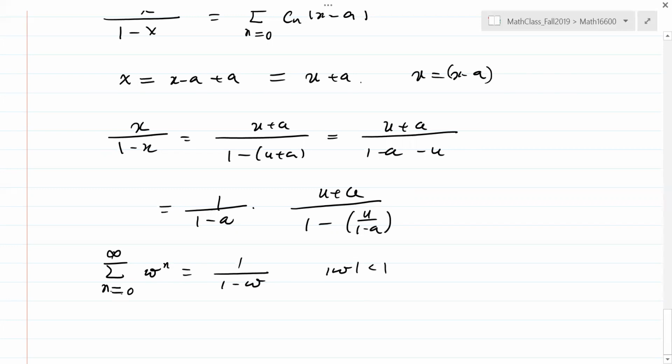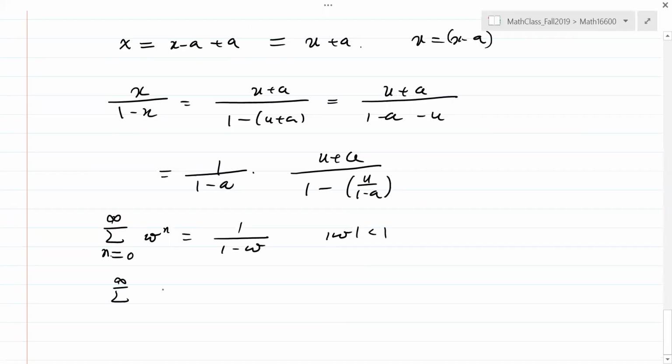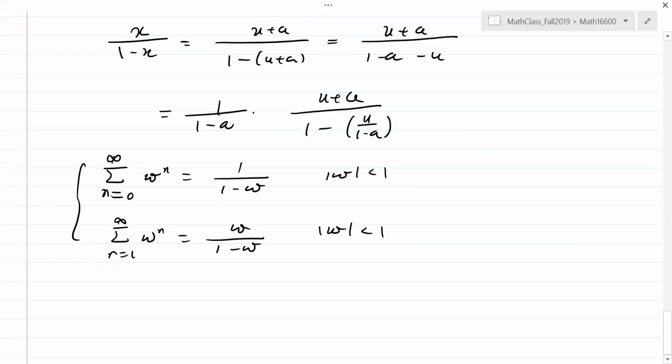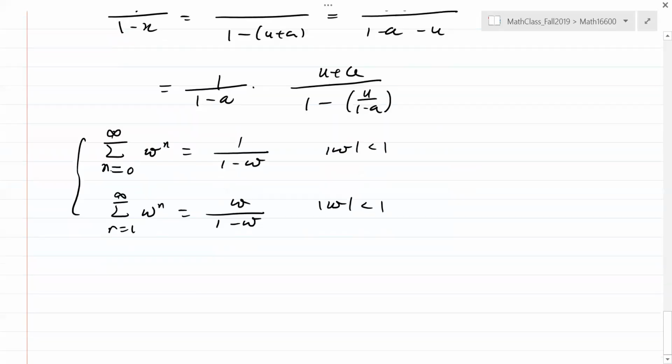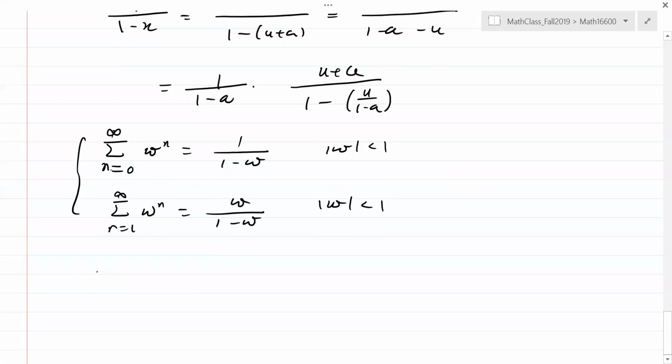Now if you start from 1, we already see that there's w on the top. This is what we're going to use. So pretty close, right?